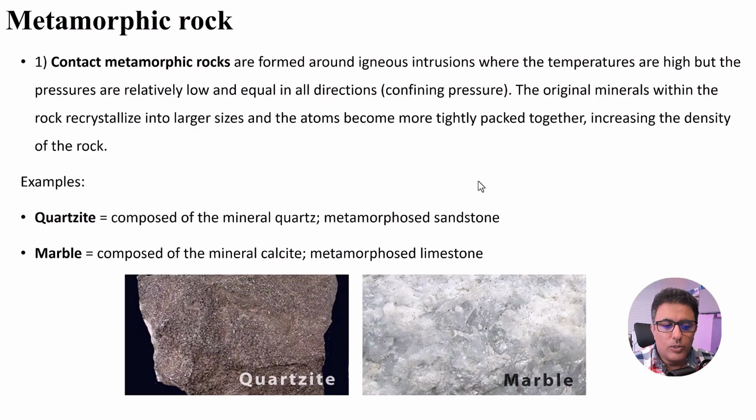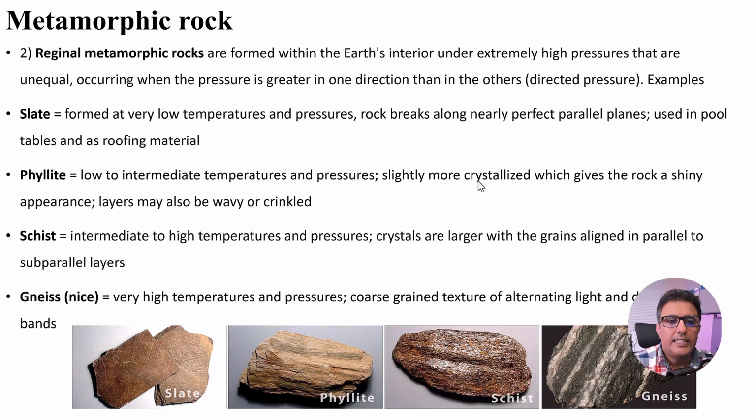Examples: quartzite and marble. And then we have regional metamorphic rocks that are formed due to high pressure, for example, as a result of tectonic activity. Examples: slate, phyllite, schist, and gneiss.